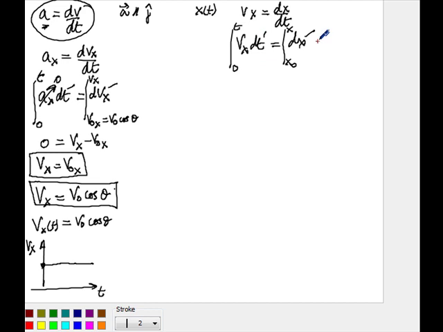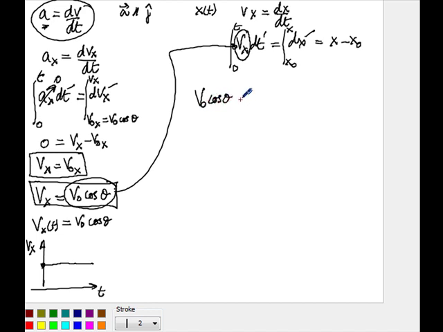Right hand side is trivial, x minus x naught, but the left hand side, same problem as before, we need to know some information about Vx. But we know Vx, we just derived it, so we can plug it in there. We know that this is a constant, therefore we not only can replace Vx by V naught cosine theta, but we can also take care of the integral. So this becomes V naught cosine theta, integration between 0 and t, dt prime, is equal to x minus x naught.